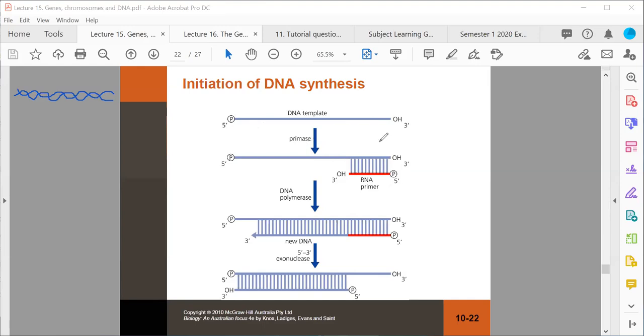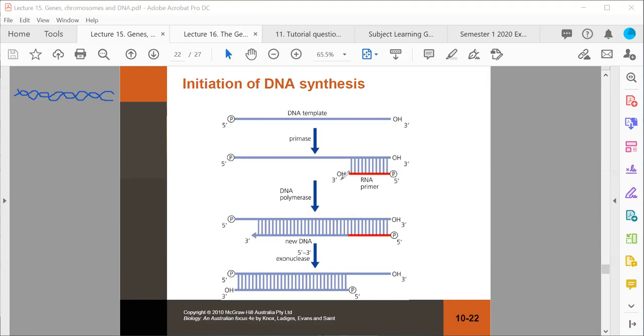And what the primase does is that it synthesizes a very short stretch of RNA, not DNA, but RNA. And this RNA is complementary to the DNA nucleotides here. This short stretch of RNA is called an RNA primer.